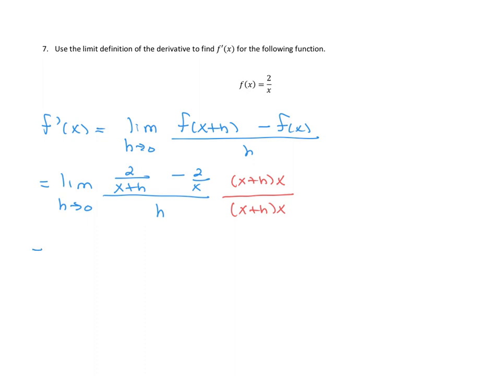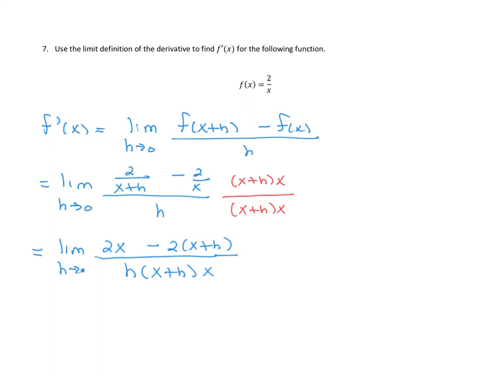So we get the limit as h goes to 0 of, when this gets multiplied here, the x plus h's cancel, leaving us with the x, so we have 2x, minus, when this gets multiplied here, the x's cancel, and I'm left with the x plus h, so we get minus 2 times x plus h. In the denominator, I'll just leave it as h times x plus h times x. I don't want to start multiplying in the h because eventually I'd like to cancel this thing.